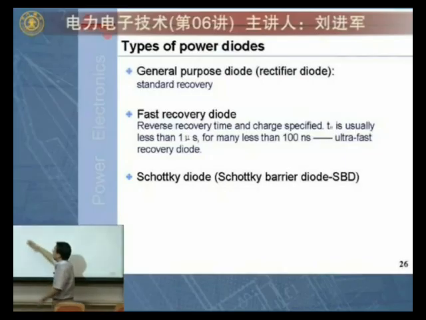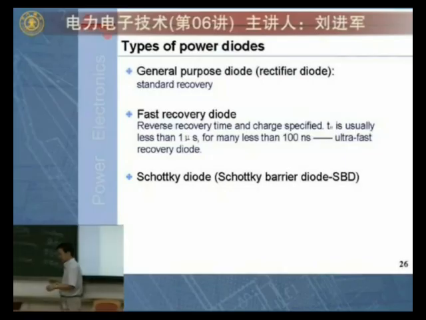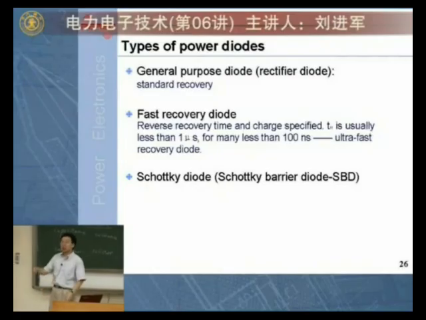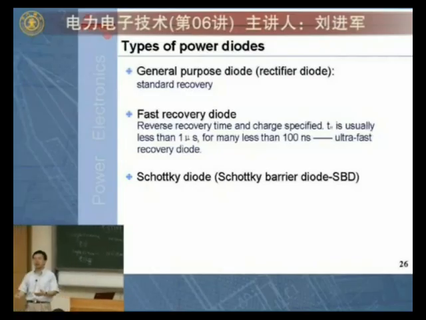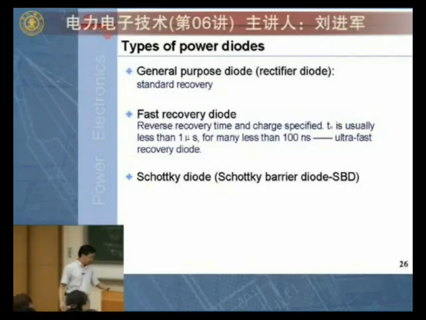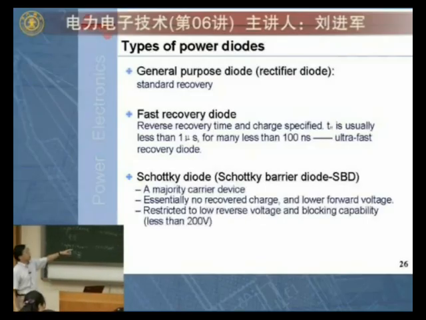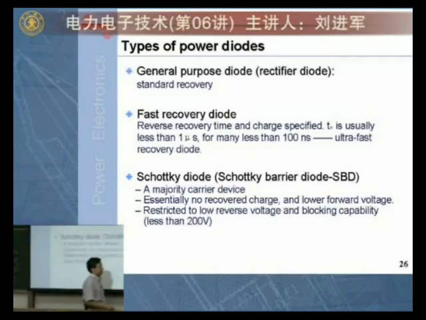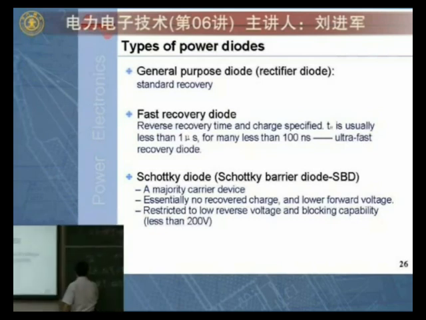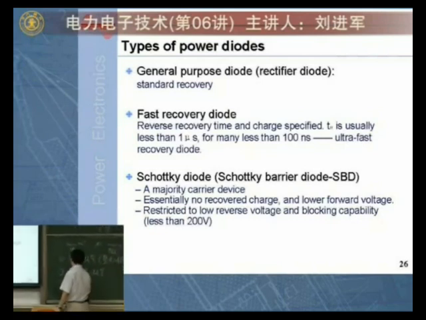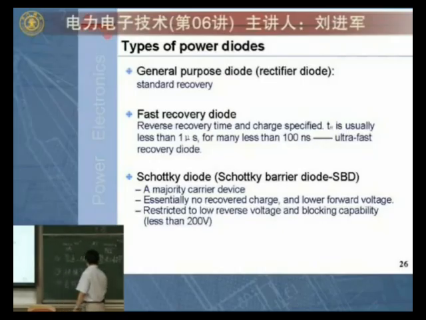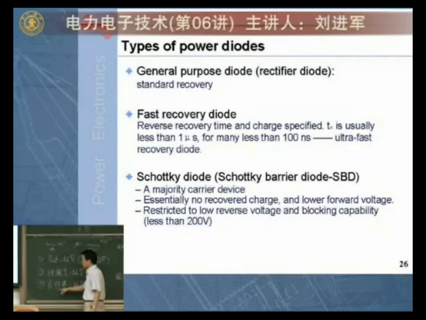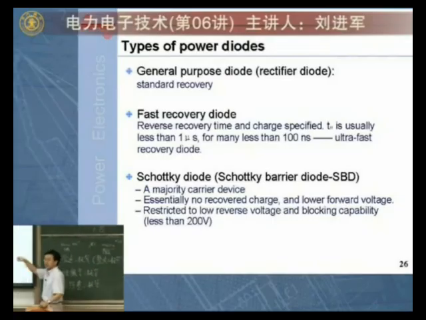Then there's another type of diode which is totally different. The structure is totally different from the PIN diode. This diode is called the Schottky diode. This is very different from the ordinary PIN diode.